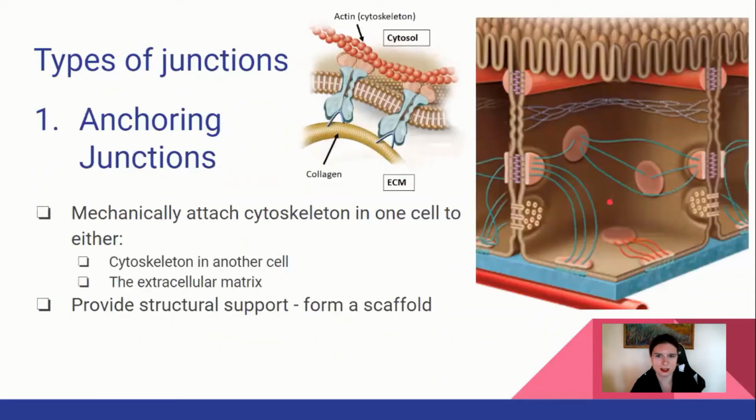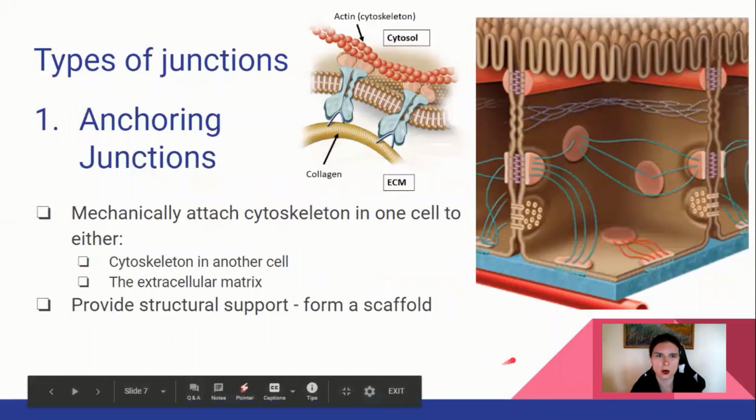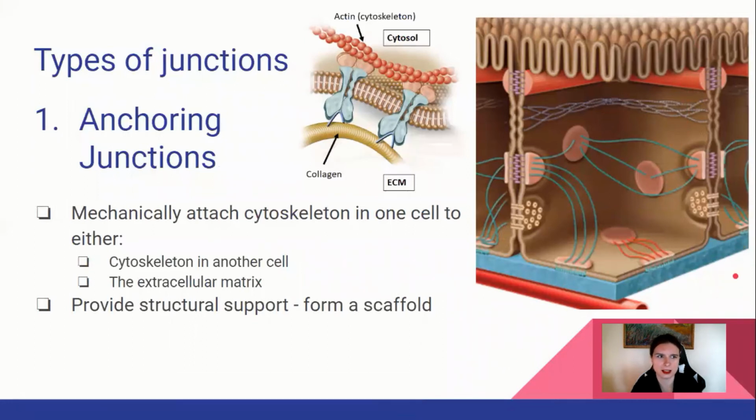Now, some of our types of cell junctions are going to involve the extracellular matrix. In anchoring junctions, which are particularly specialized for providing structural support, we're going to see that we attach the cytoskeleton inside cells to either the cytoskeleton in another cell or to those proteins in the extracellular matrix.